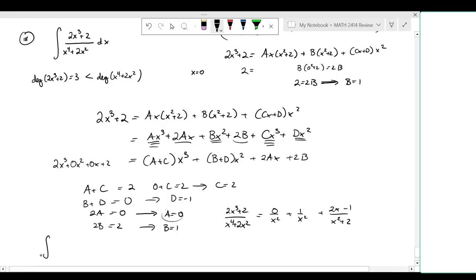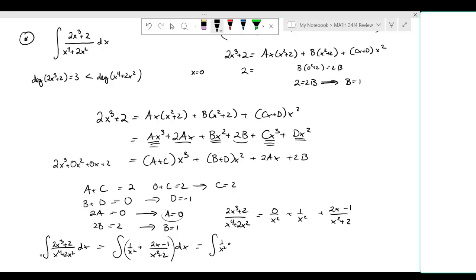Okay. So now our original integral is the integral of the simpler rational functions. Okay, and we can integrate term by term. So, okay, we can integrate 1 over x squared, no problem.